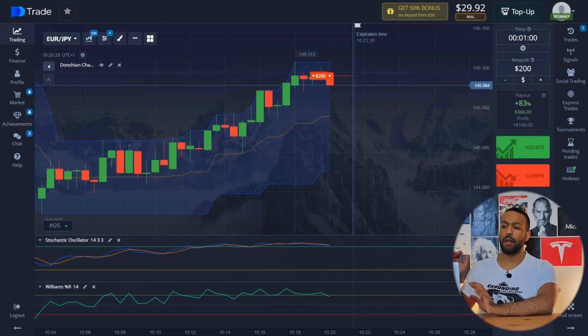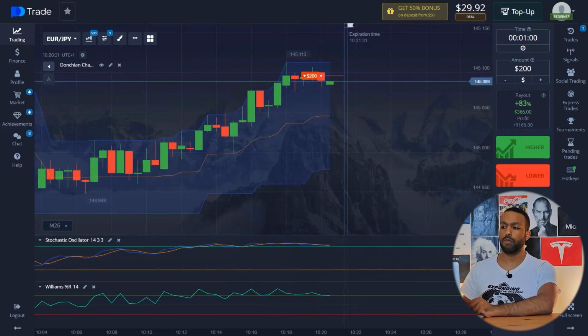I made the decision based on the data from the indicators. First of all, the price couldn't reach the upper limit of the Donchian indicator within 2 minutes, which already tells me about a possible price decline. So that's the first one. All right.